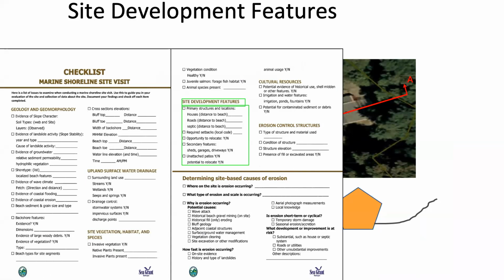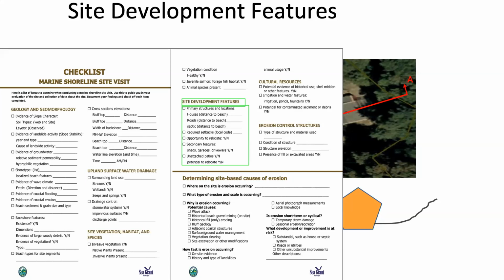So at this point, we've characterized the natural setting of the beach. Let's turn to the developments on the site. This is particularly important when we go to make a determination of risk, which we'll talk about a little bit later. The information needs to be clarified, including what type of structure is there and where it sits in relation to the top or toe of a bluff.